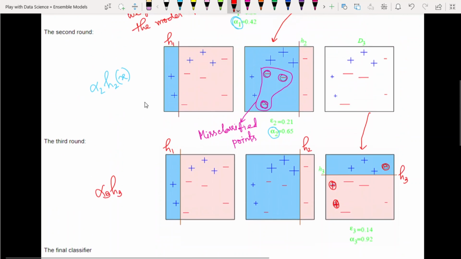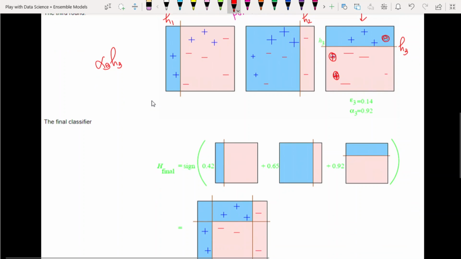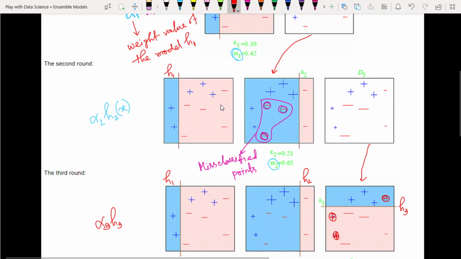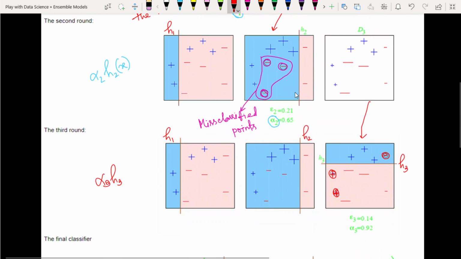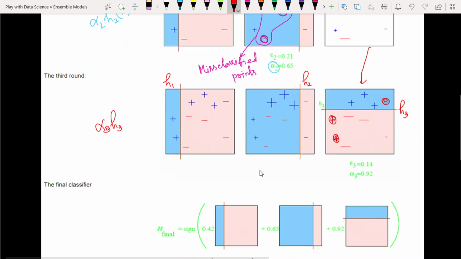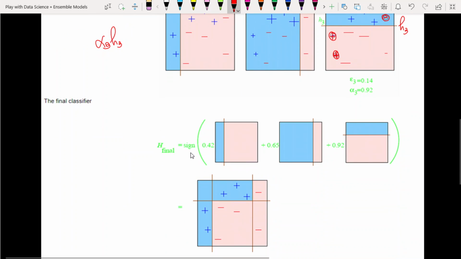So all the things are combined. At the end of the day we have to combine all the things. Just see, all the models are interrelated step by step. First we build H1, and with the help of H1 we build H2, and with the help of H2 we build H3, and all the models are interrelated, and the final classifier will be this one.